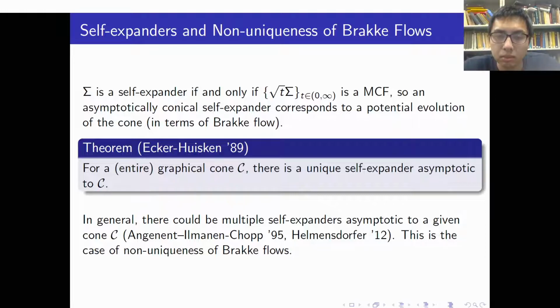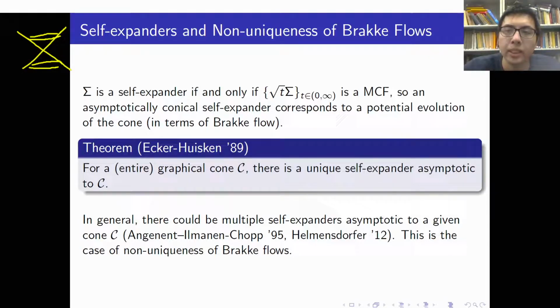Just to be clear about what their examples are, if you consider double cones, it looks like this. Actually, let me use a different color as I promised. If you consider a double cone like this, that's rotationally symmetric, it's O(n) cross O(1) symmetric.